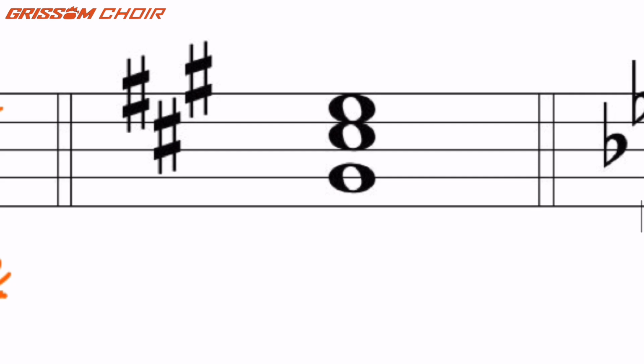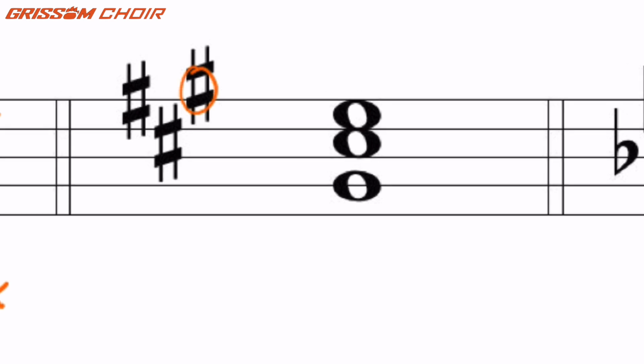Moving on to this example. Find the key signature. The key signature would be, looking at this last sharp, which is on G, go up 1, would be A major.